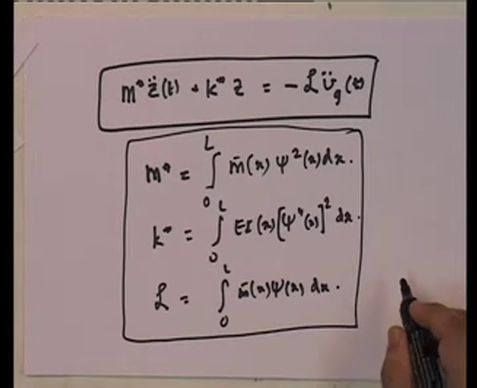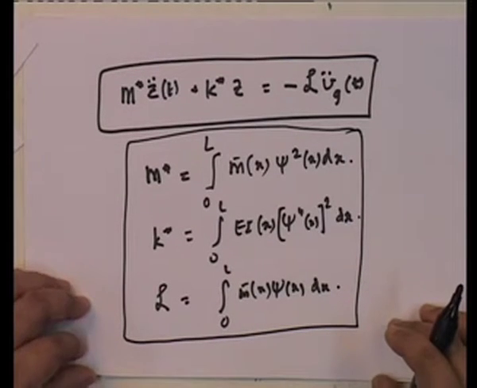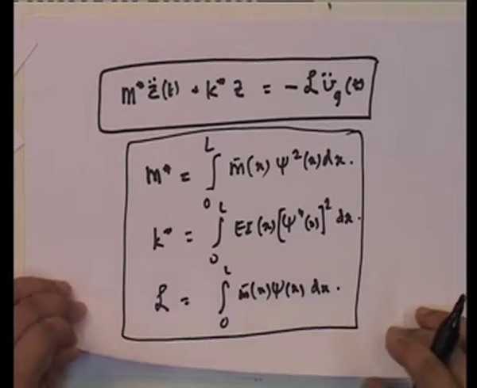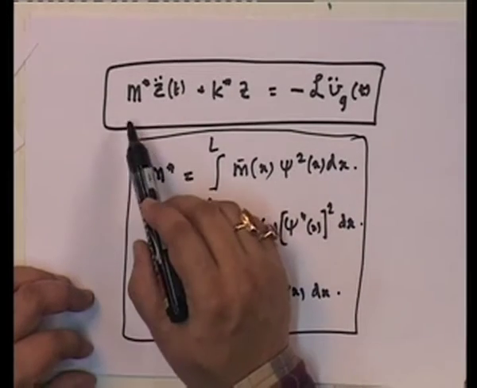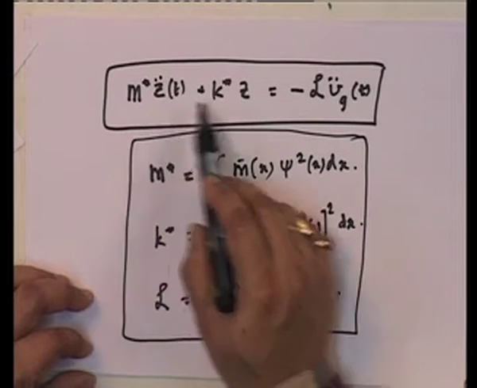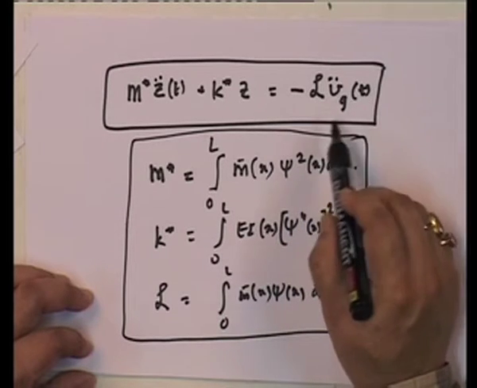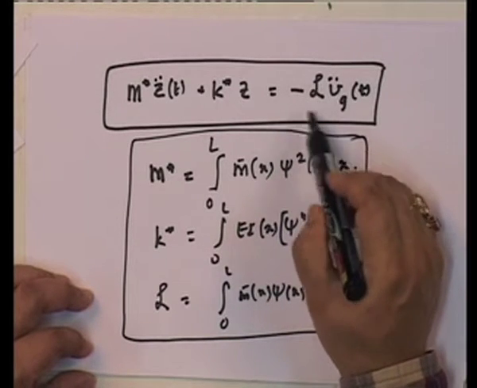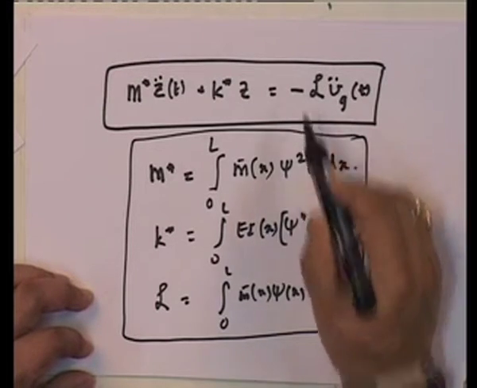Now, if I look at this, this looks exactly like the single degree of freedom, excepting that in the single degree of freedom it was m v double dot plus k v equal to minus m v g double dot. So, the only difference in the generalized case is that you do not get m star over here.